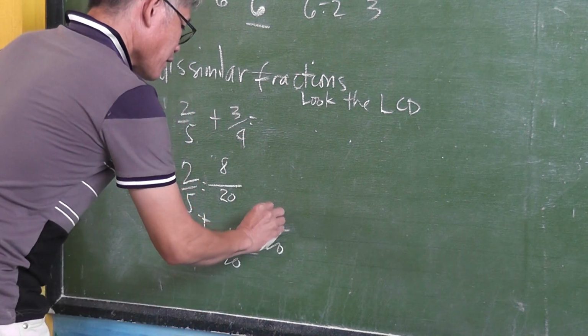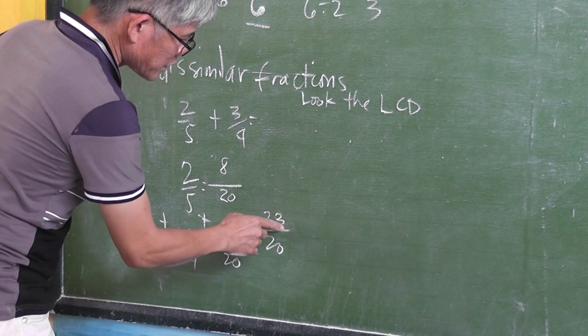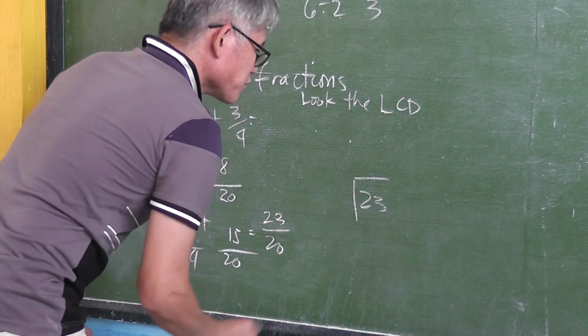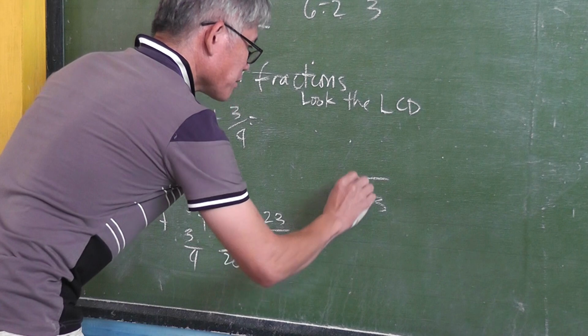How could we do that? Numerator divided by the denominator.